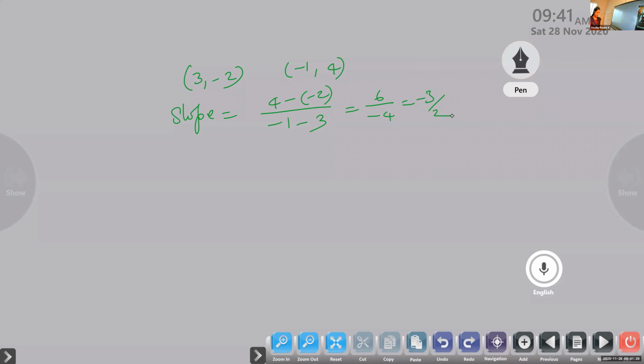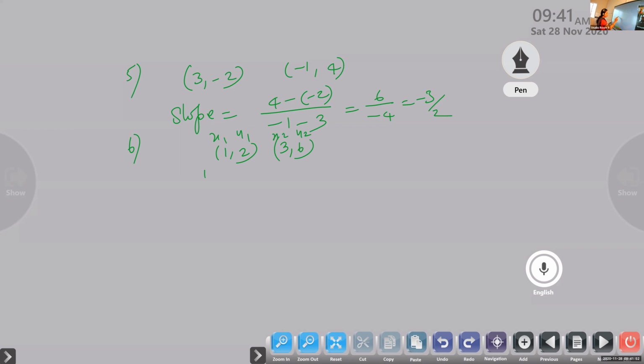Then find the equation of the line passing through 2 points. The 2 points are given as (1, 2) and (3, 6). What is the formula you have to use? You name the points as x1, y1 and x2, y2.